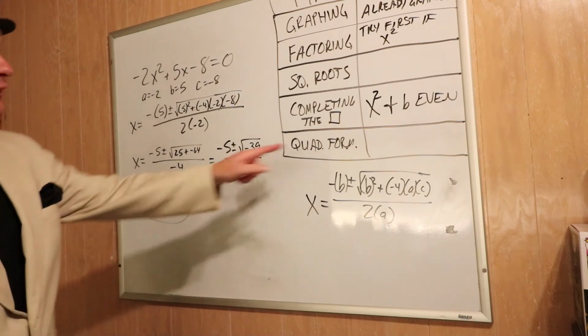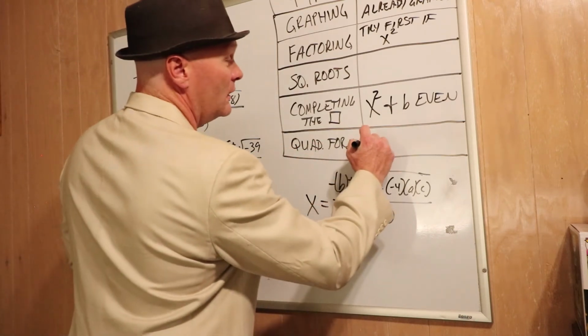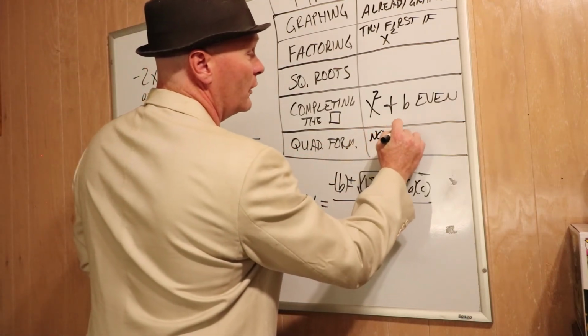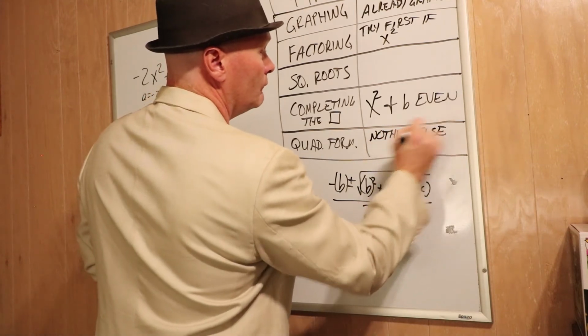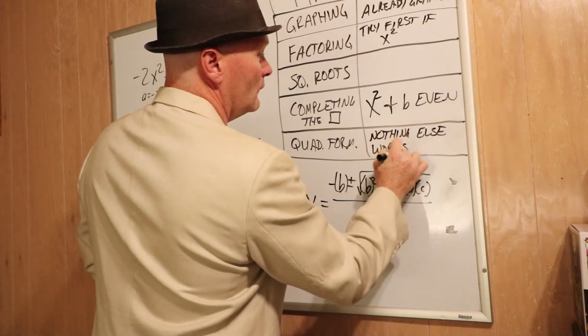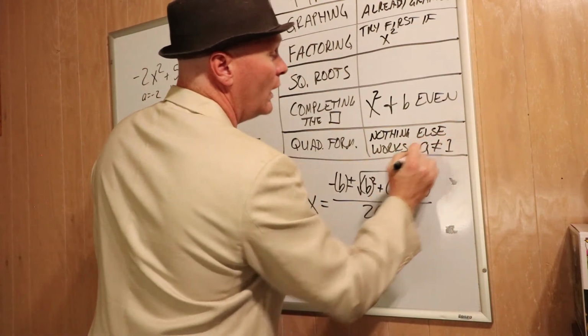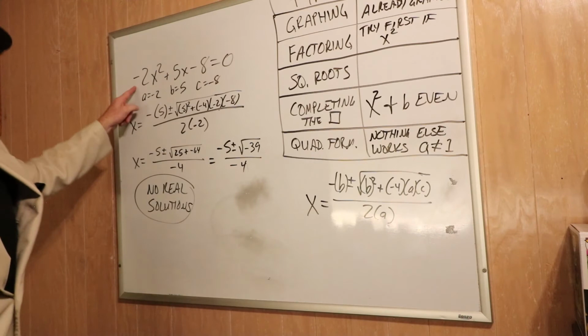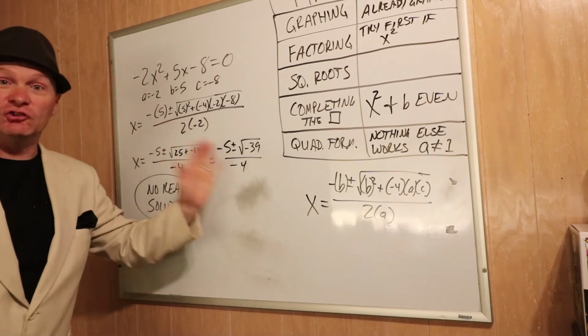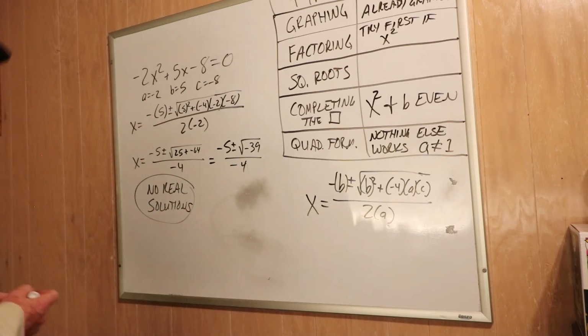So the best time to use the quadratic formula is when nothing else works. You could also say if a does not equal 1, that's a good time. If there's a number in front of the x squared, that's usually a good time to try the quadratic formula.